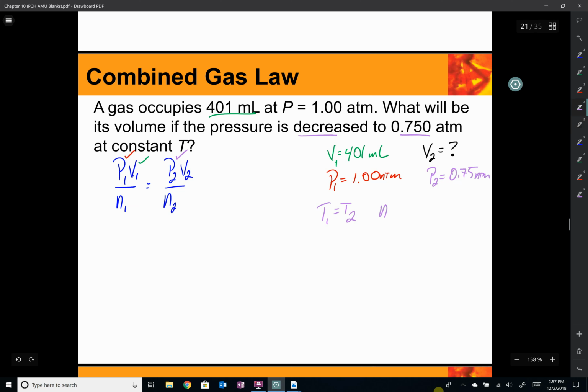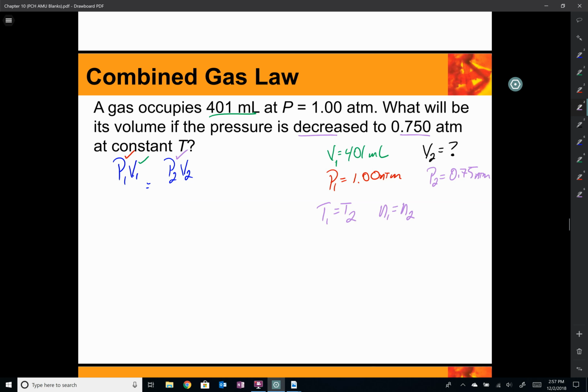We also have to assume that the number of moles is constant. Otherwise, this would be a different problem and it would have to give us some information about that. So N1 is equal to N2, and we take our big scary equation down to an equation with 4 parts.